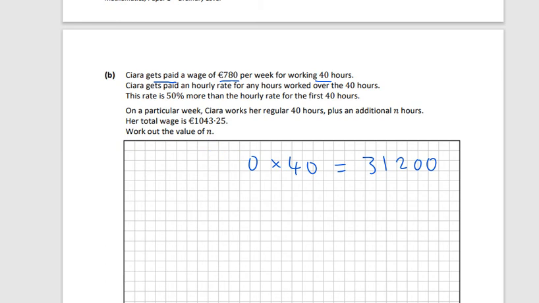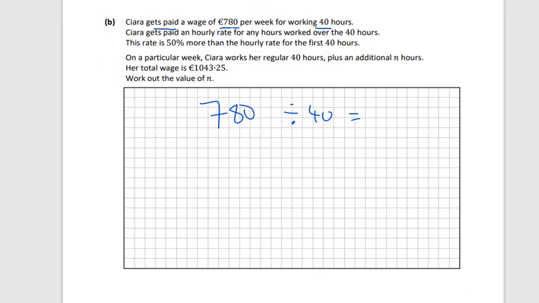She gets paid a weekly wage of 780. So if we divide it by 40, it tells us how much she gets per hour. That's 19.50. So that's how much she gets per hour.